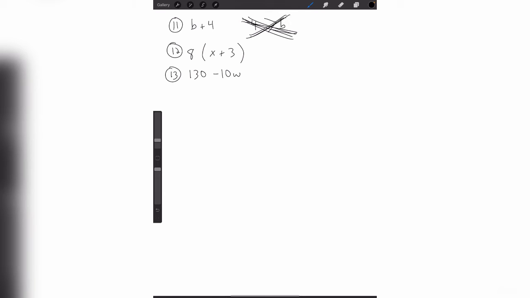I'm going to use W as a variable here. For each week, if it's week 1, you replace W with 1. You lost $10 total, and that would give you 120.